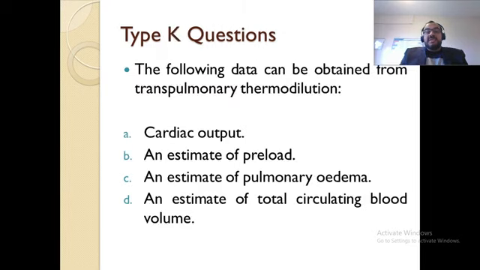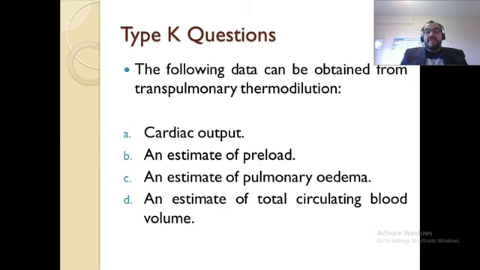Type K questions are a different type of questions in which you will find the main stem, and after that you will find 4 different answers. Each answer could be true or false, and you need to mark each answer as true or false.